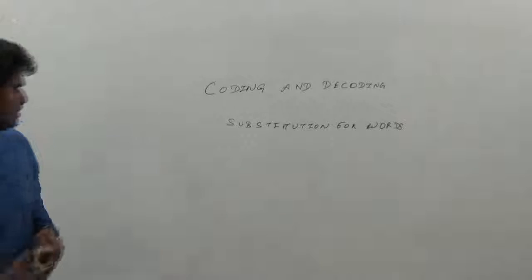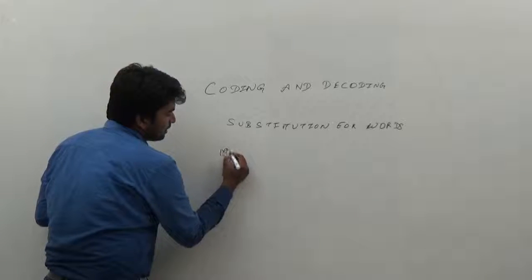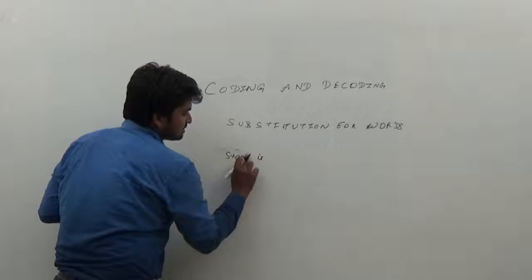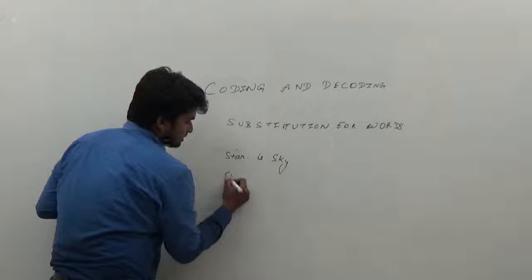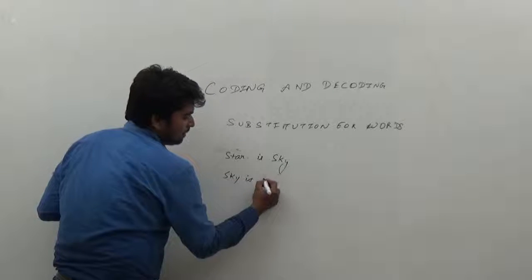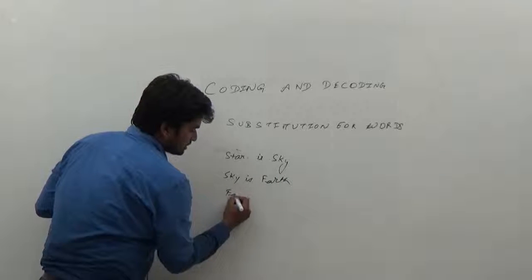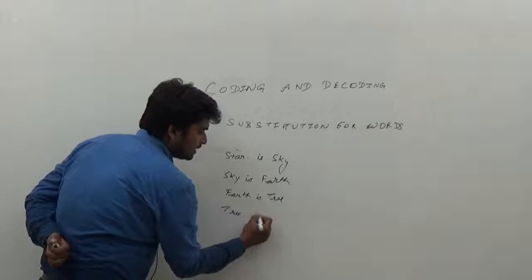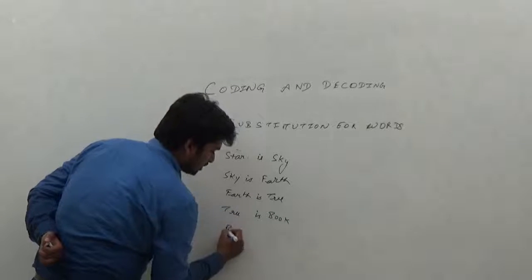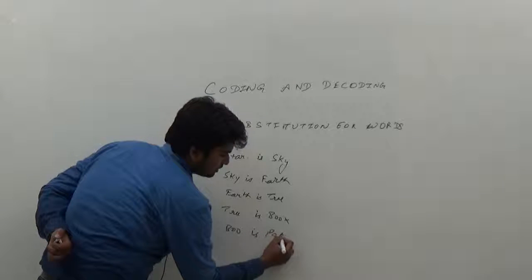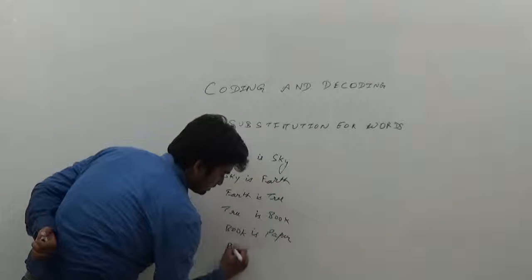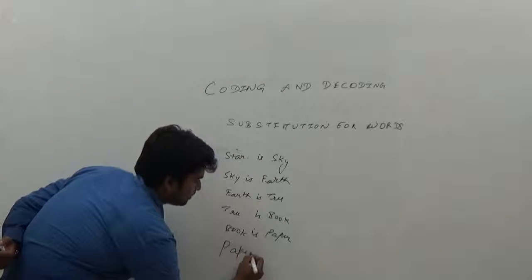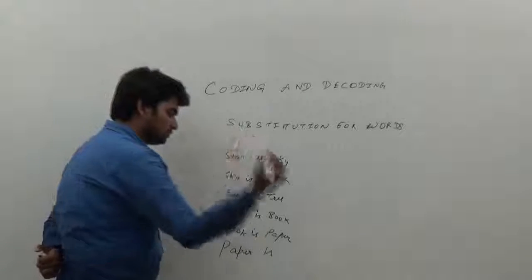So my question would be, if star is sky, sky is earth, earth is tree, tree is book, book is paper, paper is something like red.